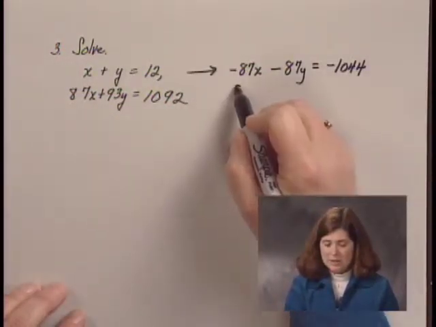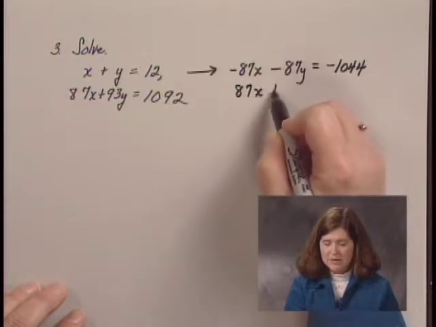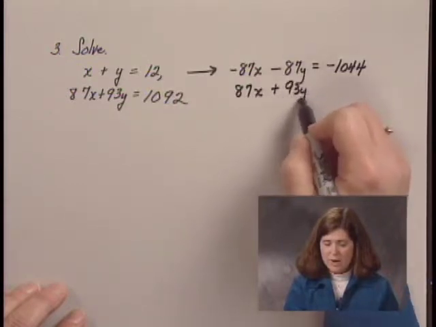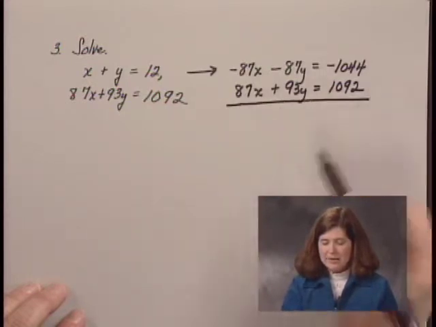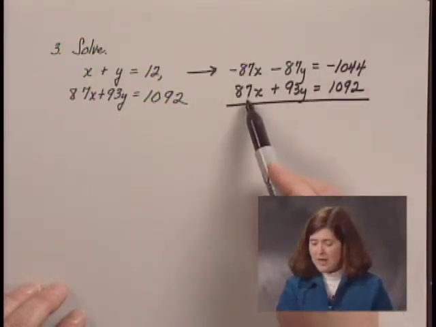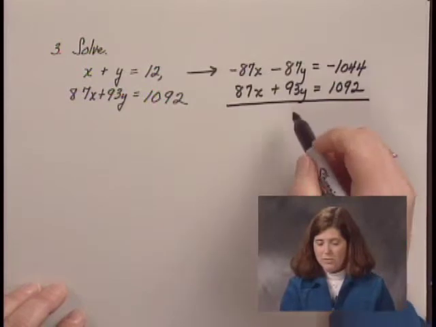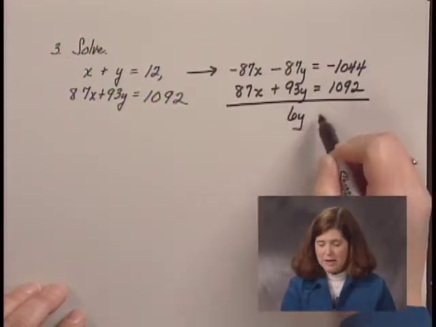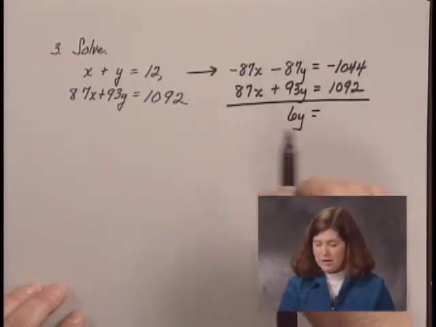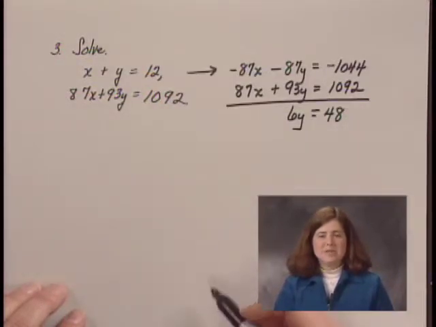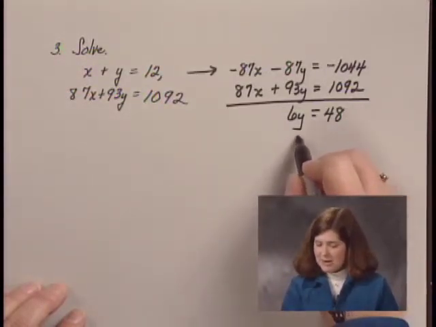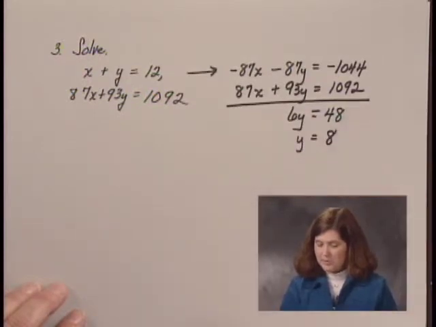Copying the second equation, I have 87x plus 93y equals 1,092. Now I add. I've eliminated the x's. Adding the y's, I have 6y. Adding on the right side, I have 48. Dividing both sides by 6, I get y equals 8.